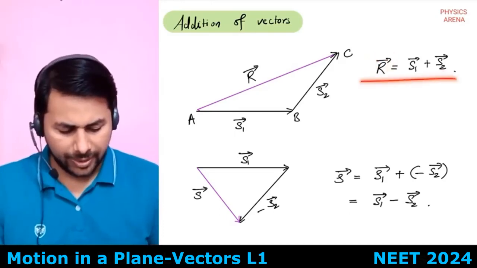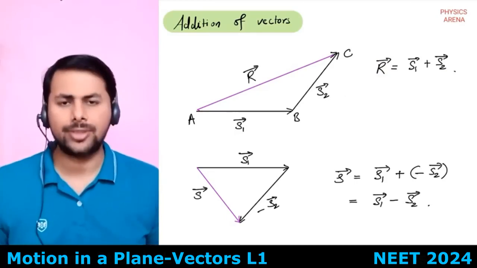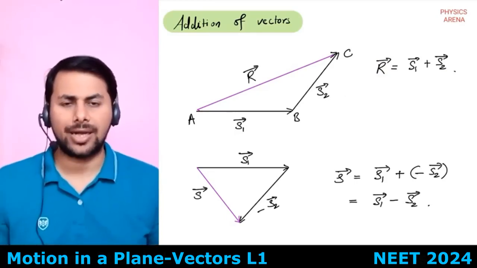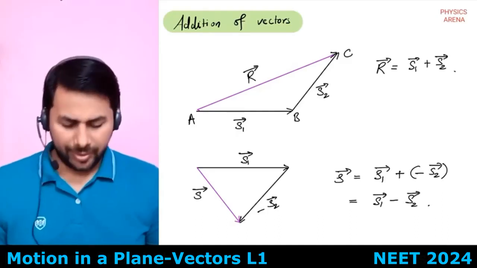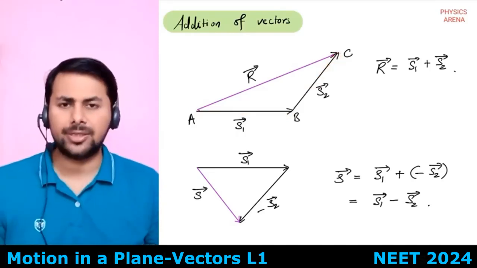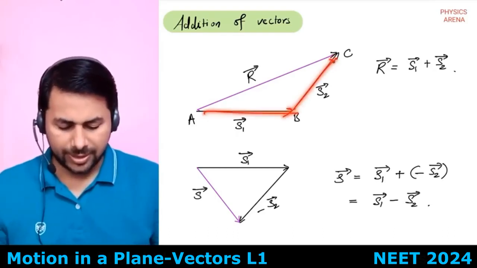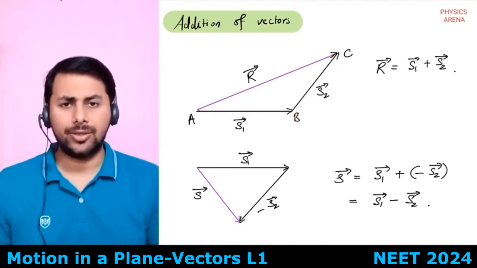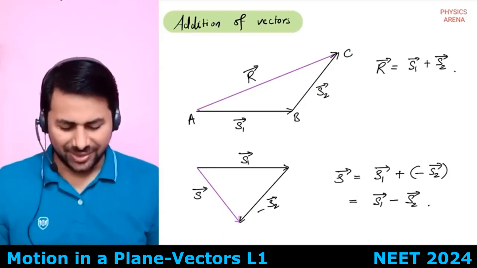Okay, and if you think about this, it gives us a law. This law is known as the triangle law of vectors addition. And what does this law mean? If you have two vectors and they are represented by two sides of a triangle taken in an order. This is important, taken in an order.